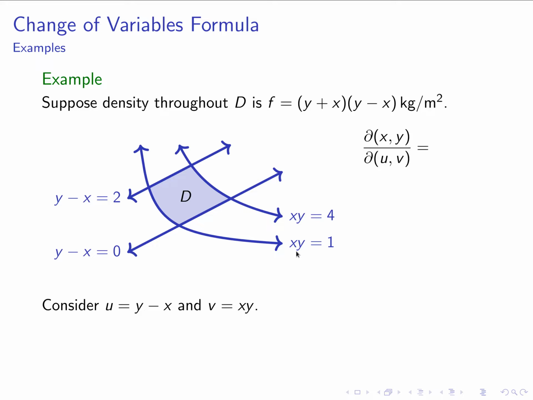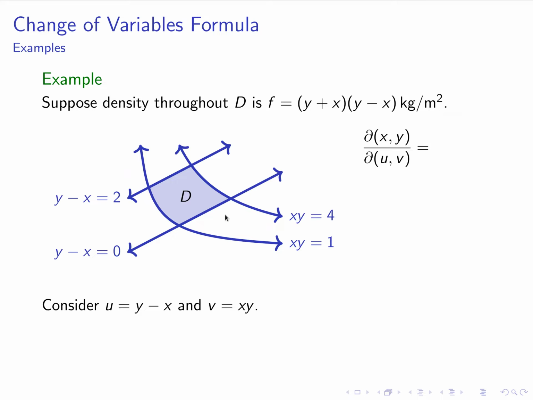With this perspective, we could look at the Jacobian determinant of the x's and y's with respect to the u's and v's. But the important thing to point out here is that the way we're introducing our variables for this problem is not to set x's and y's equal to particular u's and v's. It's to introduce these new variables, u and v, because they conveniently match the description of this region.